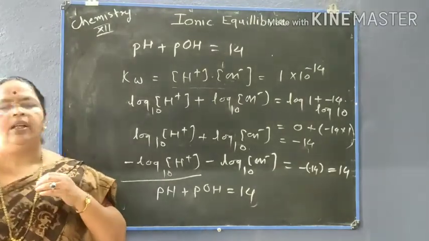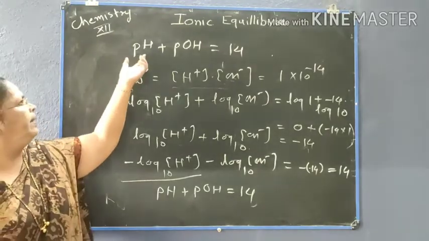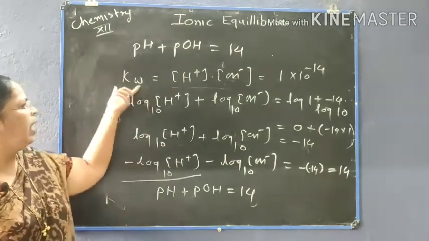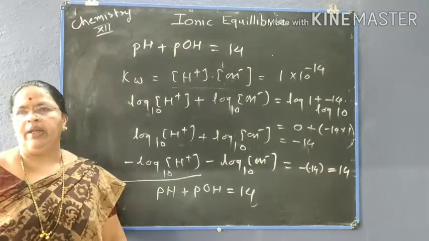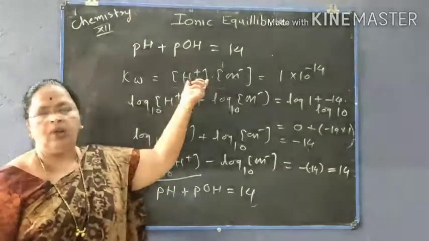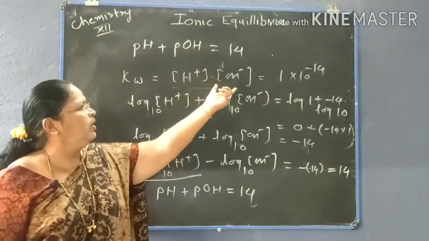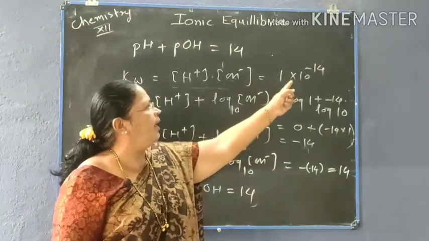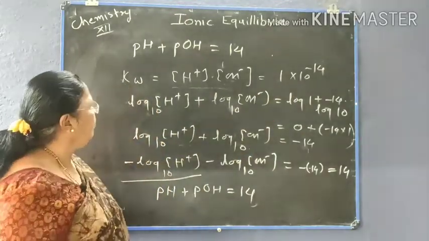Again see how you derive pH plus pOH is equal to 14. First consider the ionic product of water. You know that Kw is equal to the concentration of H plus into the concentration of OH minus, which is equal to 1 into 10 raised to minus 14.